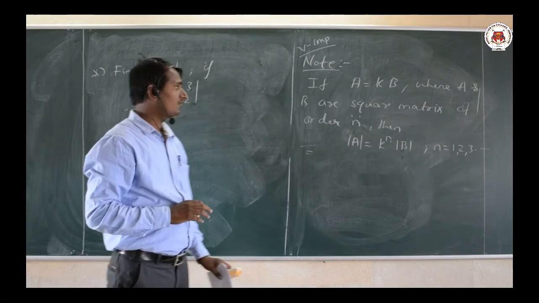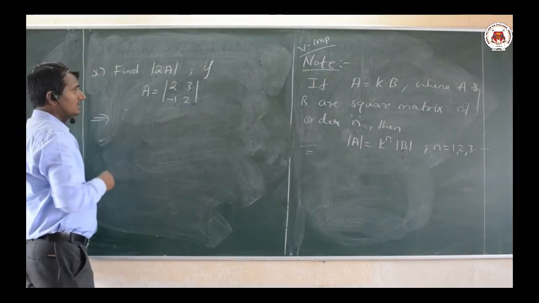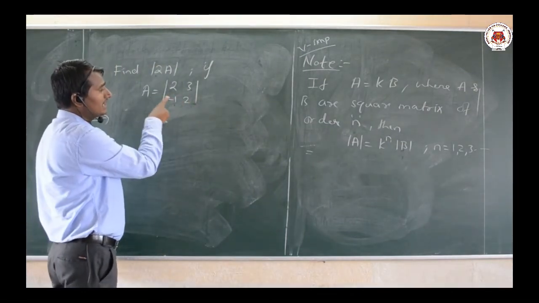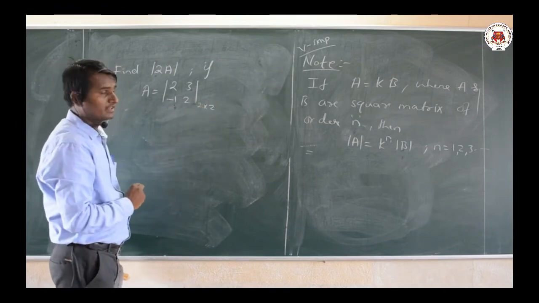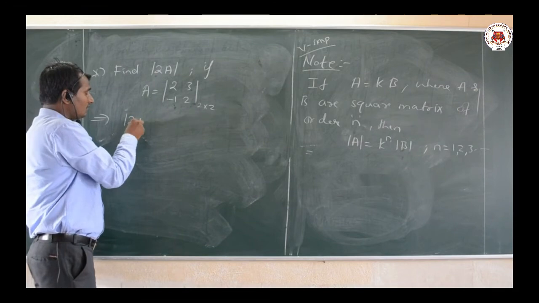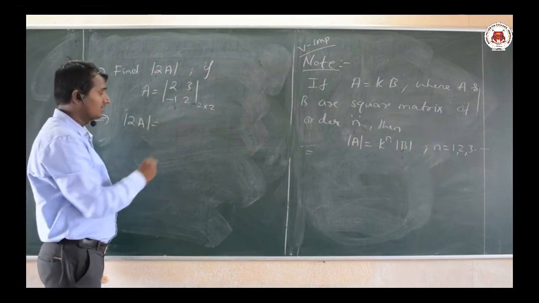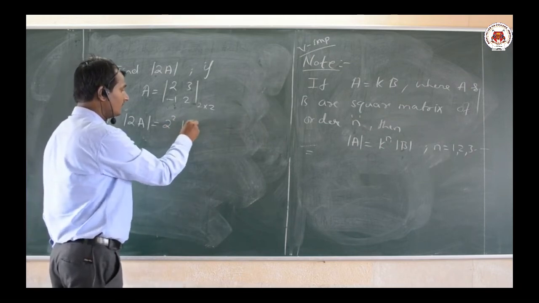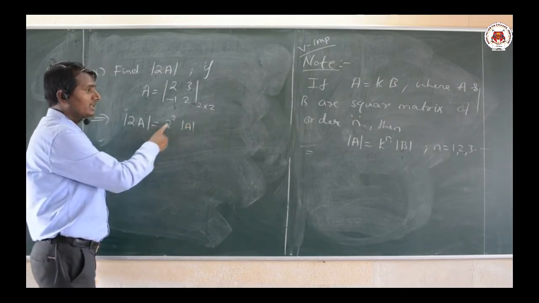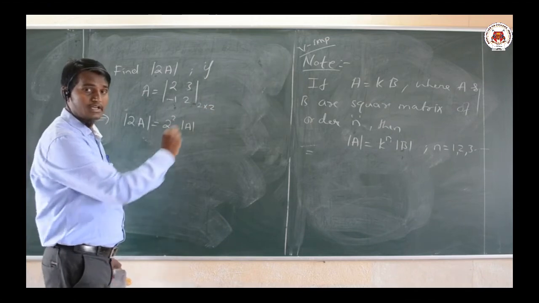How can we find it? Here, we can observe that A is a matrix of which order? 2 cross 2, which means the order is 2. That means the determinant of 2A, I can write as 2 raised to 2 into the determinant of A, by making use of this property.